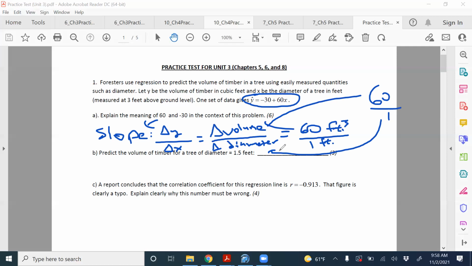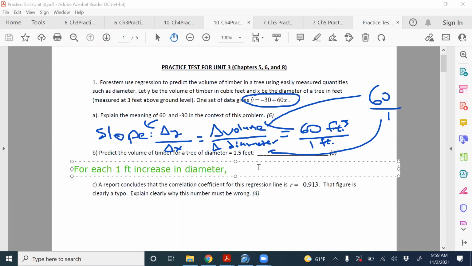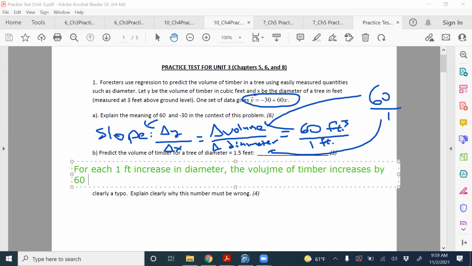So the way you could probably write it is as a text box. Again, I'll put the solution key in Schoology as well. For each 1 foot increase in diameter, volume of timber increases by 60 cubic feet.